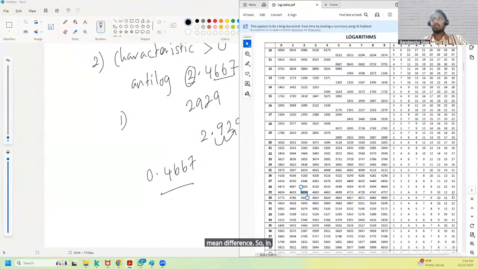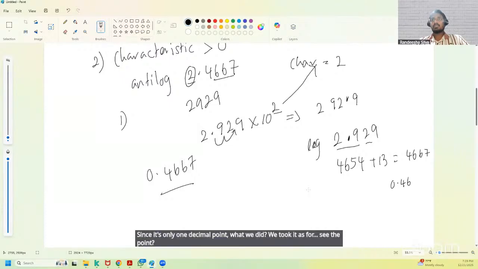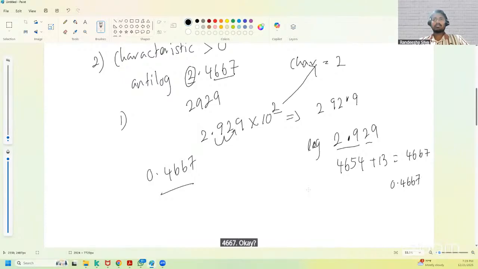In the same column, 9 is 13, and we added that 13, which gives 4, 6, 6, 7. Okay, so now, since it's only one decimal place, we took it as 0.4667. So that's the same way we are thinking here. By forgetting about this characteristic, we are thinking of it as 0.4667.